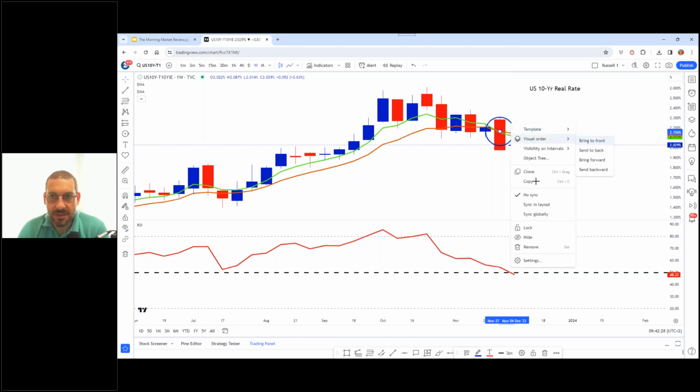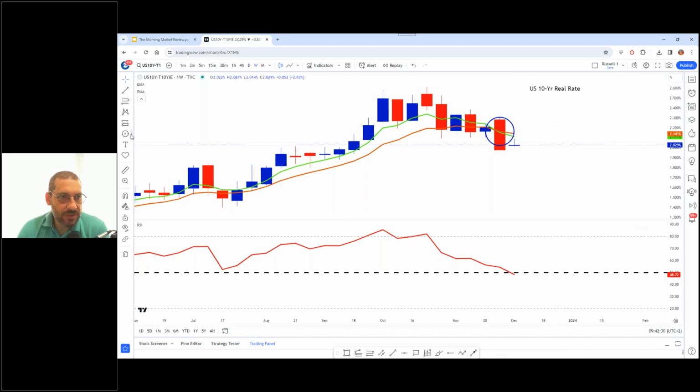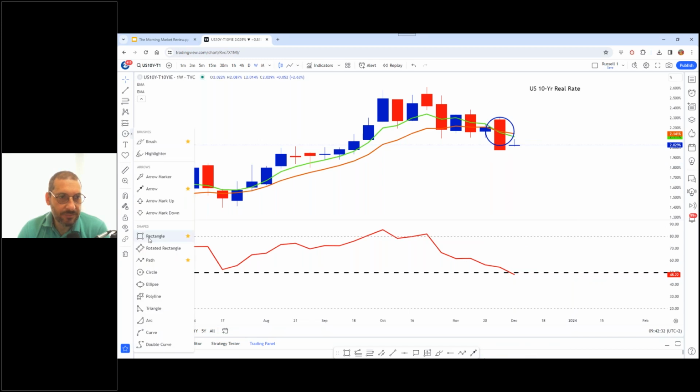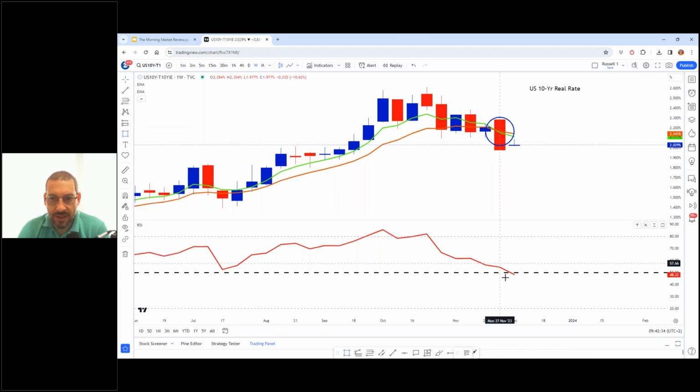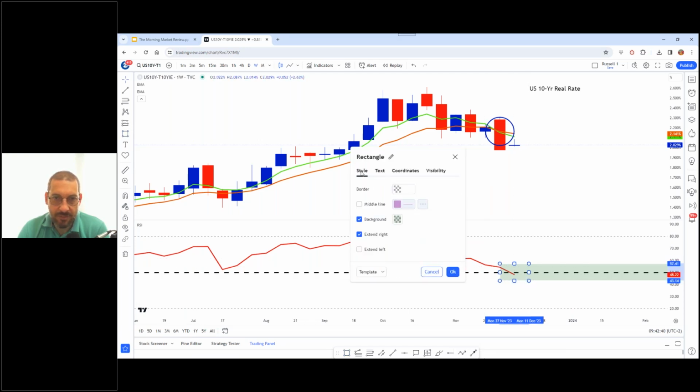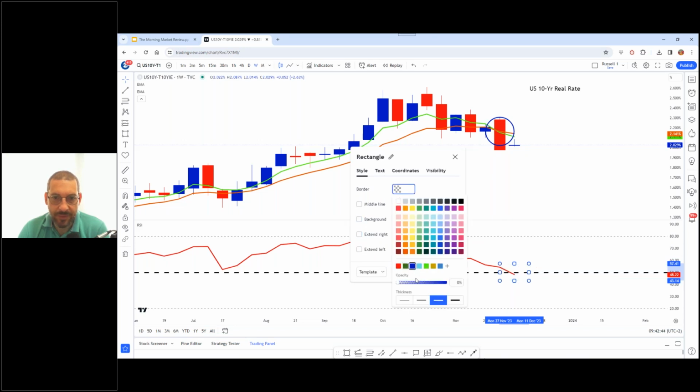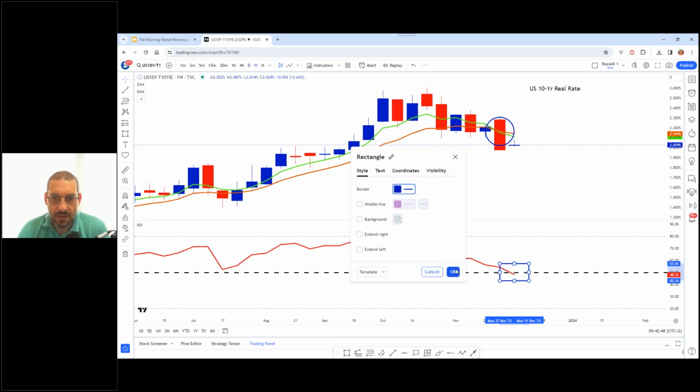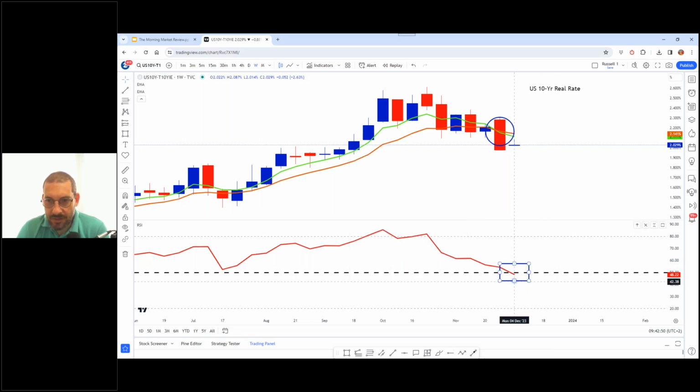I'll just bring this to the front. You can also see that the RSI is below the 50, as shown by the rectangle. I'm just going to make this easier to see as well. We'll make this a blue rectangle. So you can see that we're starting to dip below 50 now.